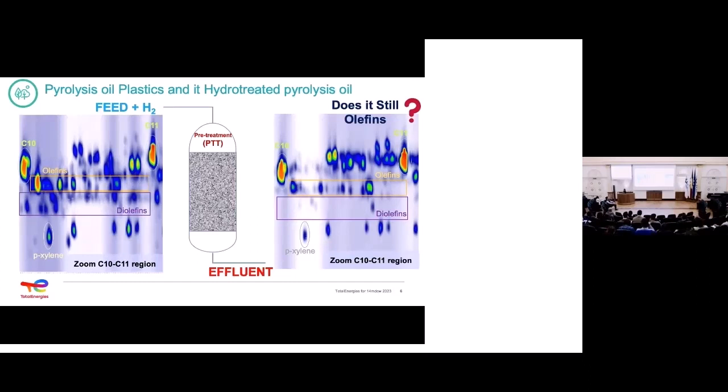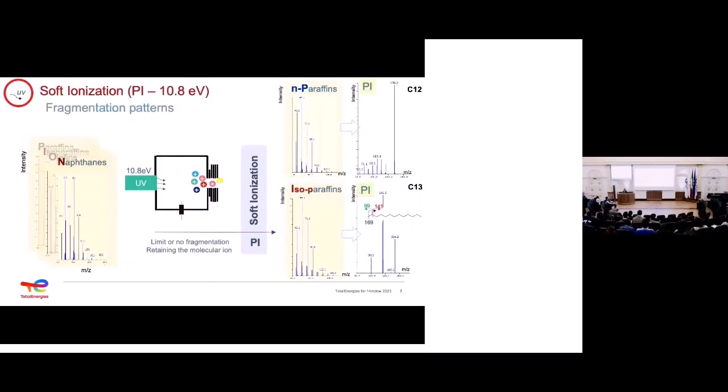Then we went for the analysis using PI. GC-PI is a soft ionization, so it gives us spectra with limited or no fragmentation and retains the molecular ion.